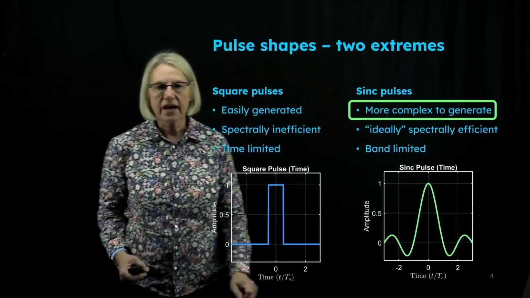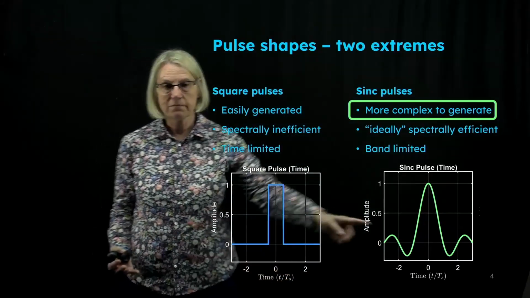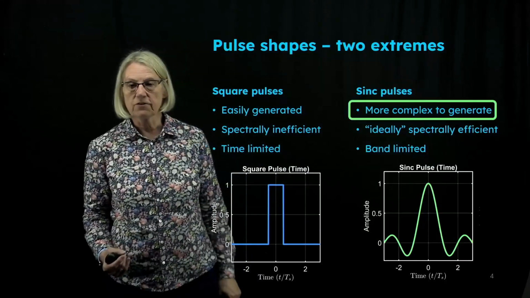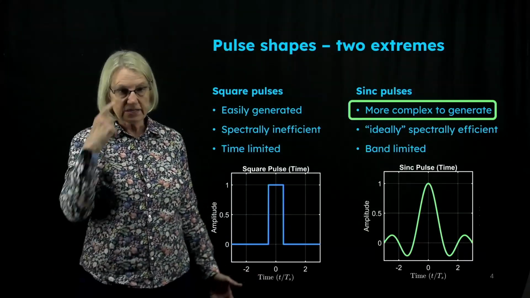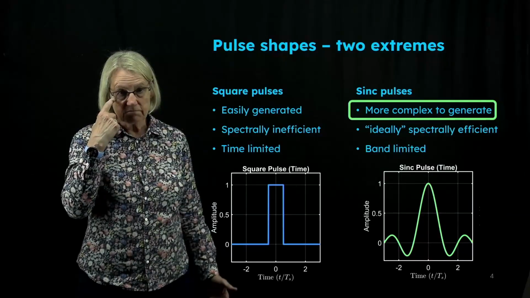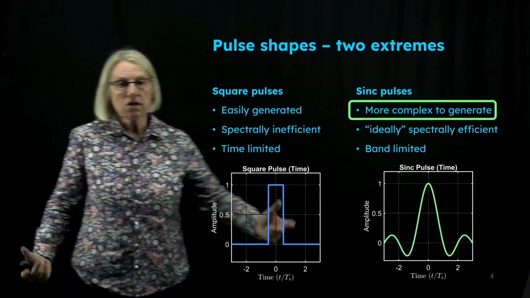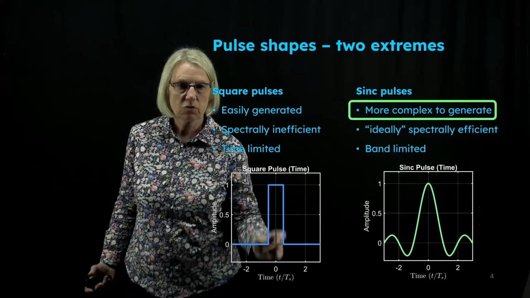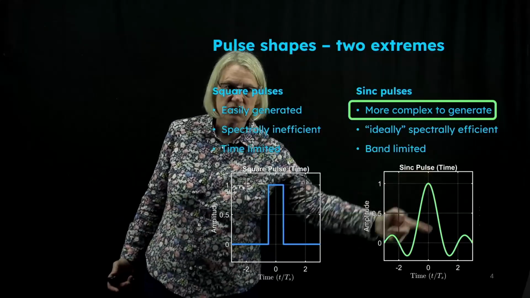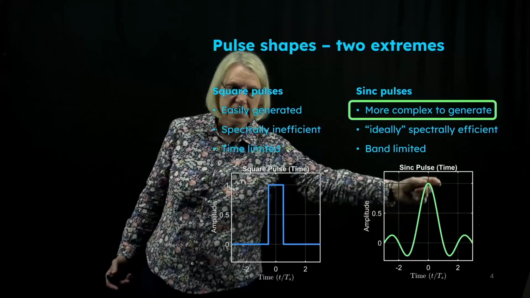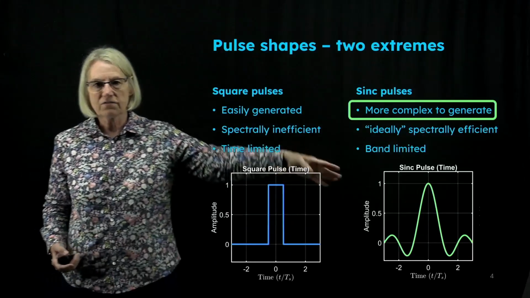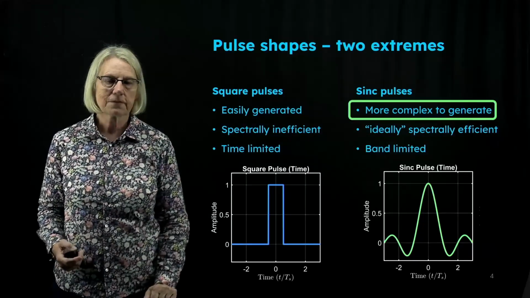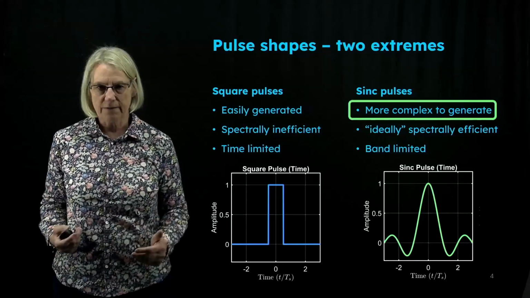We can see that it's not limited in time. In theory, it goes on for infinity, and that makes it more difficult to generate. It occupies more of a time interval. This is for the same Ts, but now the Ts is just the central portion of the sinc pulse. So this was looking in the time domain.